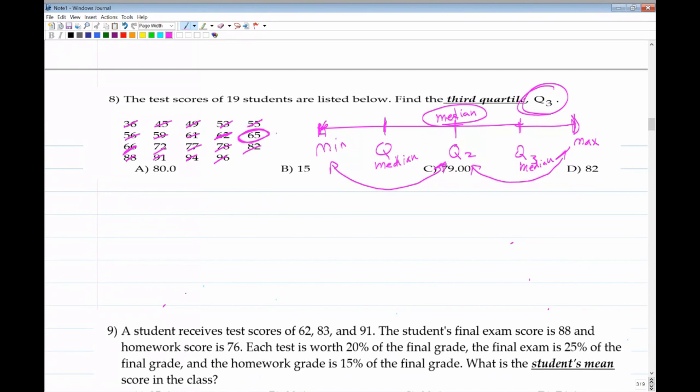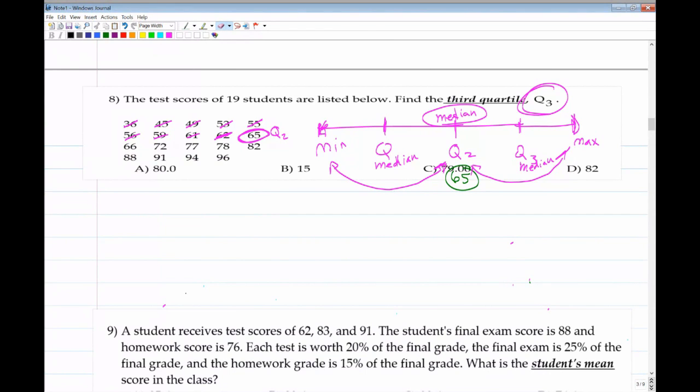So Q2 will be what? Q2 will be 65. Maybe that's better since they're already in order. What I want to do is clean the ones from 65 and on because I'm interested in Q3.